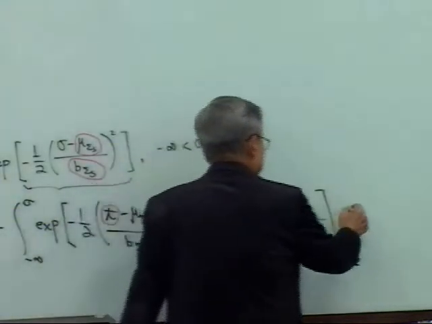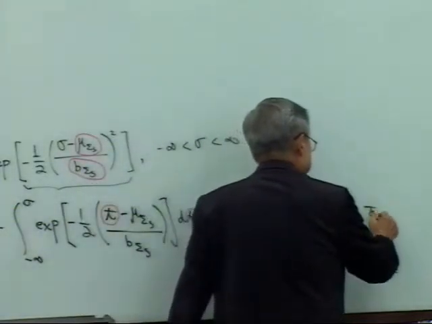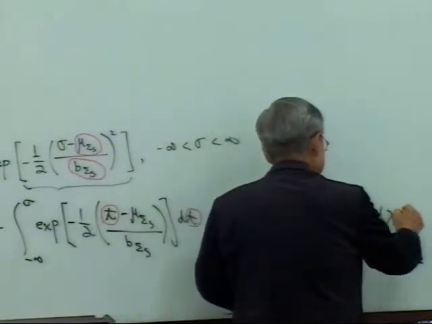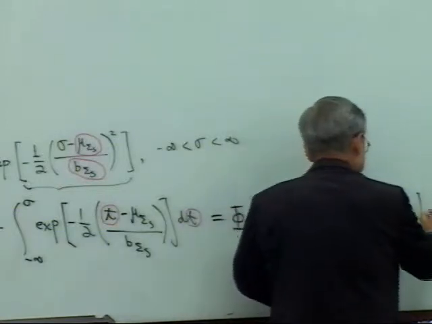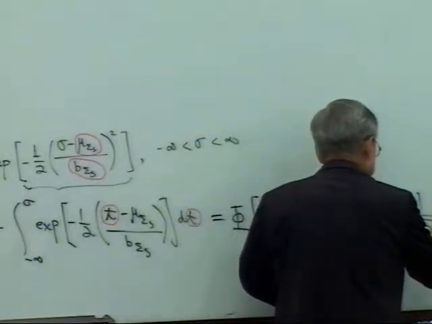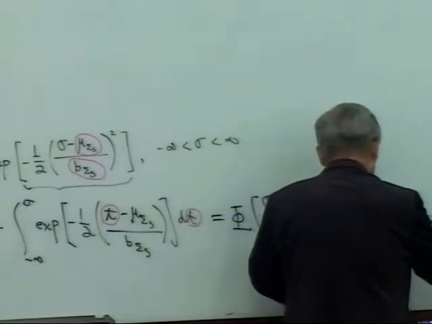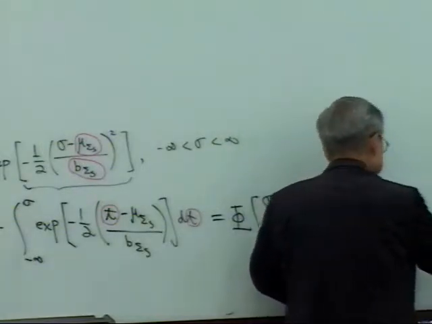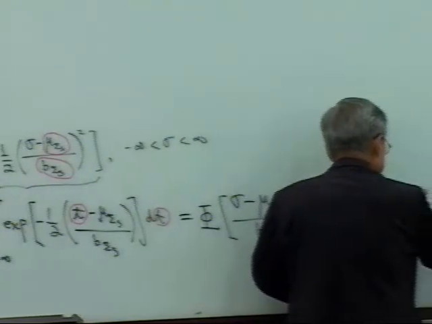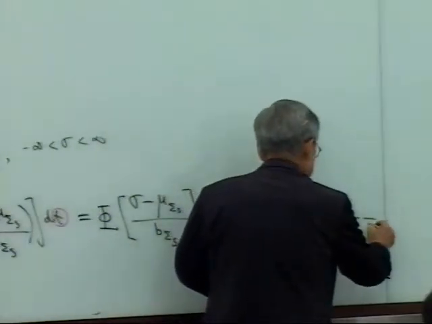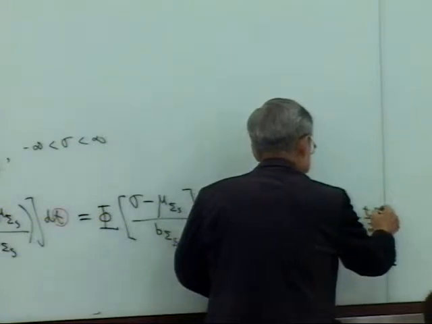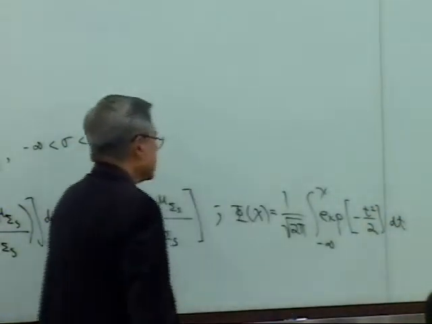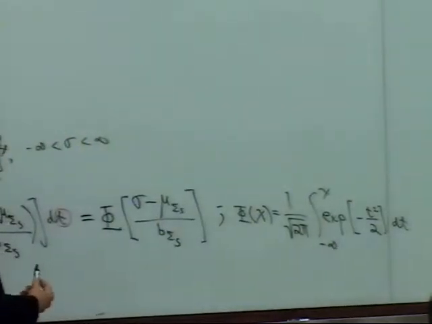So over here, what's the expression for phi? I use x, let's say, in general. This is 1 over square root of 2 pi, and integration minus infinity to x of the exponential function minus half t squared dt, right?